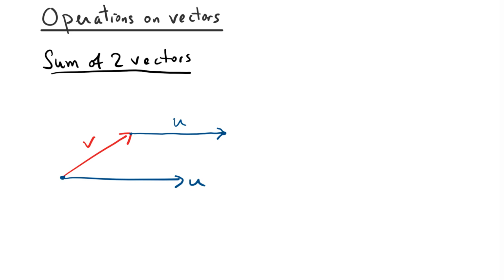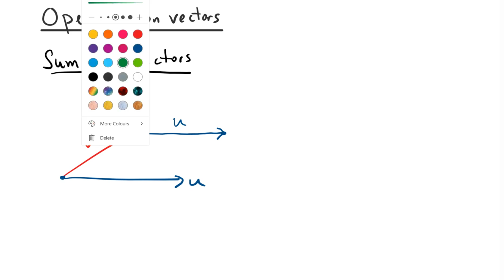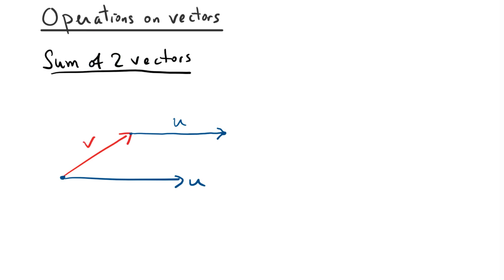Joining these two points by a vector or line will create a new vector. This is the vector we're going to call the sum of v and u. We could call this vector w, and right now it's the same thing as v plus u.